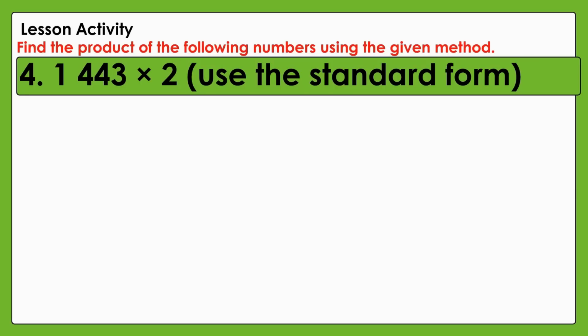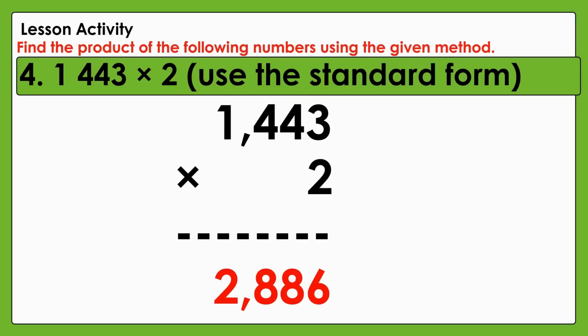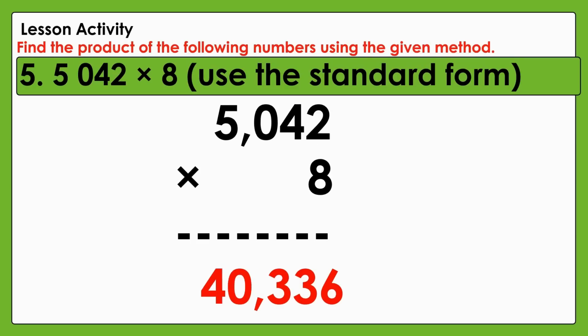Number 4, 1,443 times 2, use the standard form. 1,443 times 2 is equal to 2,886. Number 5, 5,042 times 8, use the standard form. 5,042 times 8 is equal to 40,336.